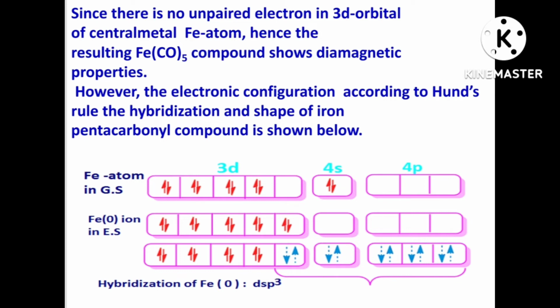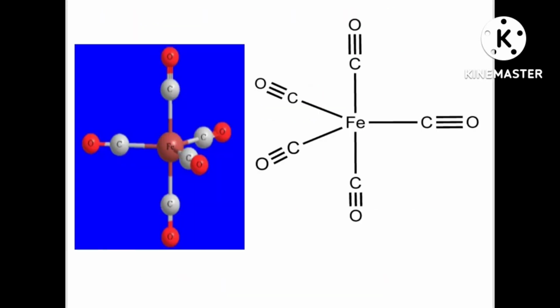So in the presence of carbon monoxide, the 4s2 electrons are pushed into the 3d orbital, and one d orbital is vacated. This d orbital undergoes hybridization with the 4s orbital and 3 p orbitals, the hybridization will be dsp3, and the molecule gets the trigonal bipyramidal structure.